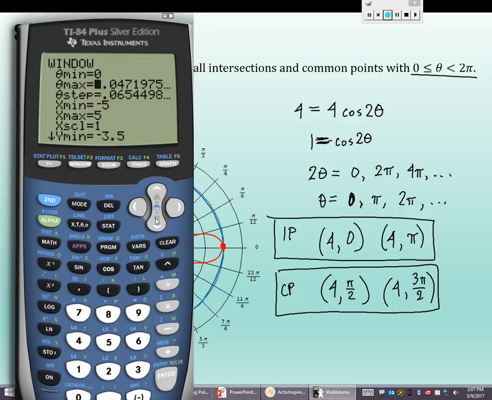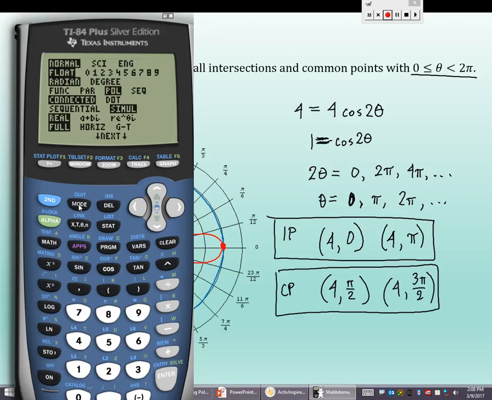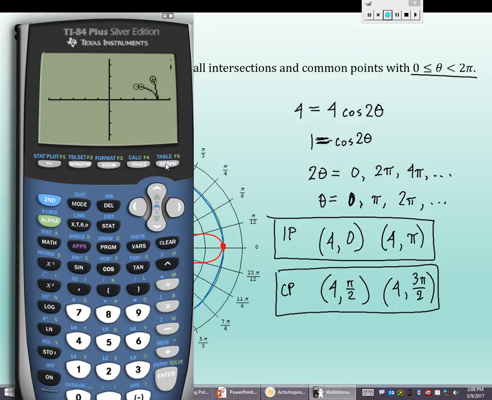Make sure I'm going from 0 to 2 pi. Okay, are we ready? Let me make sure I'm in simultaneous mode. So whenever they hit, we'll say boom. Okay, here we go. Boom.